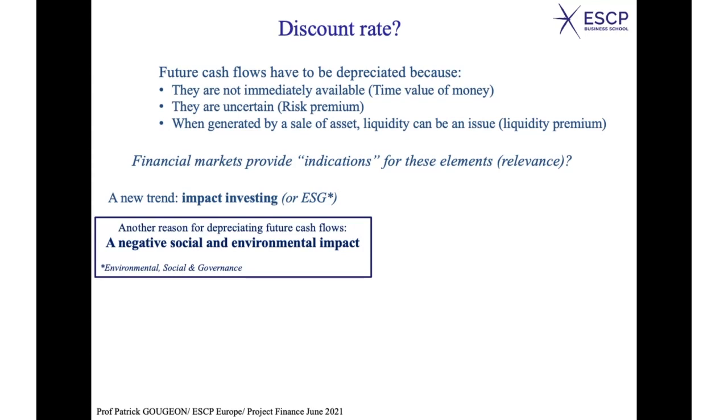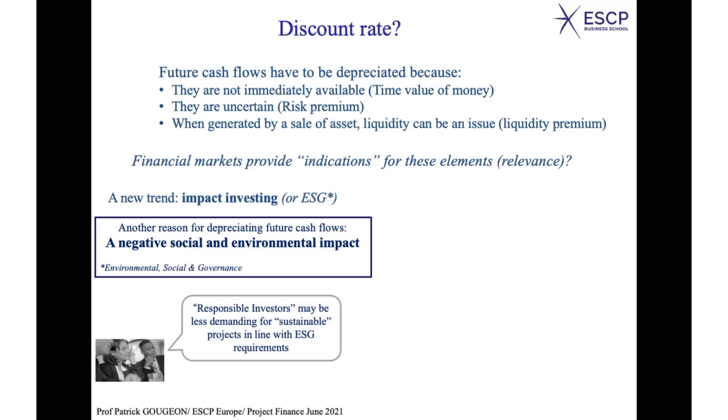In other words, if your project is seen as kind of dirty, with a negative impact on society and on the environment, then a lot of investors will refuse to invest there, which means that if you want to finance the project, you need to accept people who are going to invest, but they are going to be much more demanding. In other words, the cost of funds would increase for projects which are considered as having a negative impact. And I'm mentioning that today because it becomes more and more an issue.